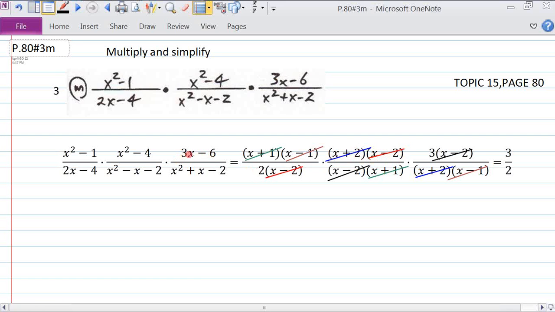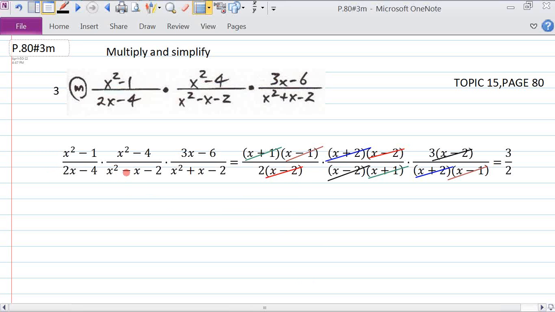And here I can factor out 3 from both terms. So it's the greatest common factor. 3 times x gives me 3x, and 3 times minus 2 gives me minus 6. So the top is now factored. Here I can take out the number 2 from both these terms, and I get 2x minus 2.